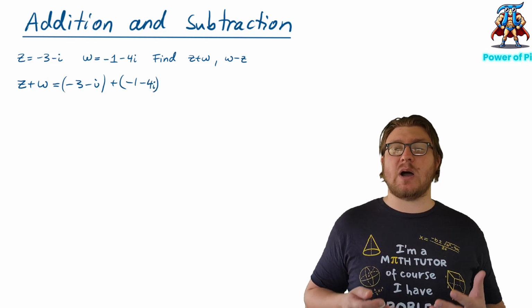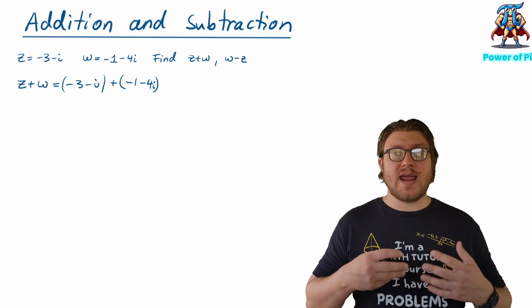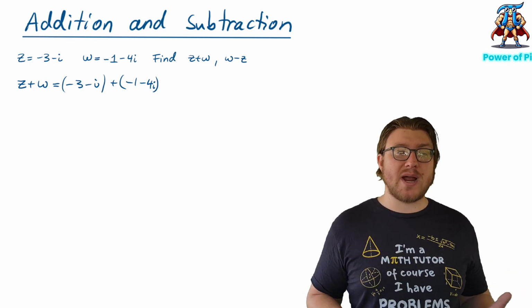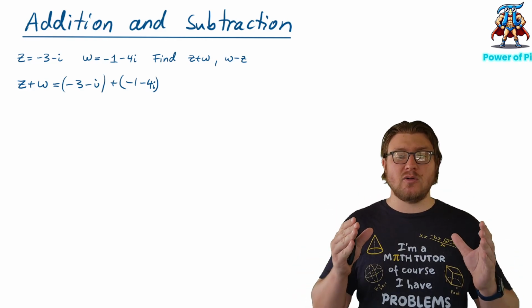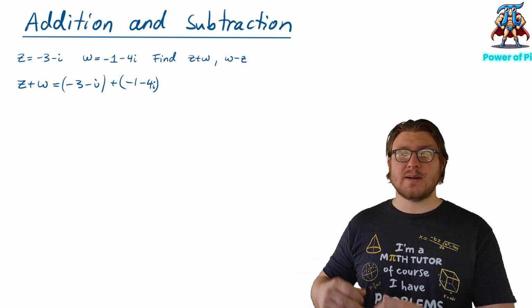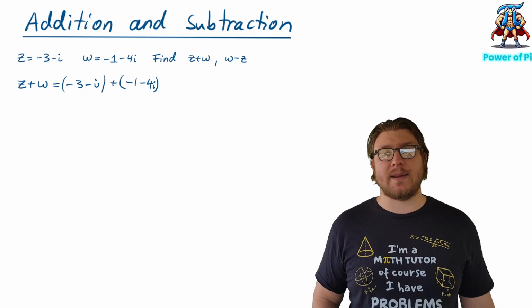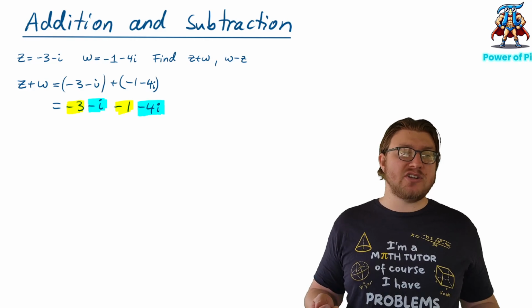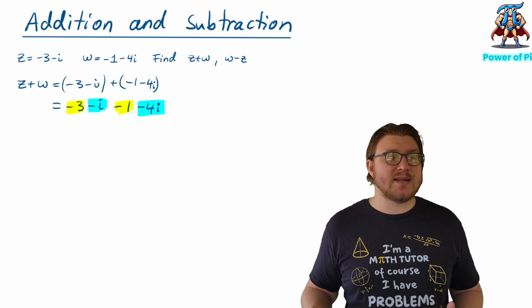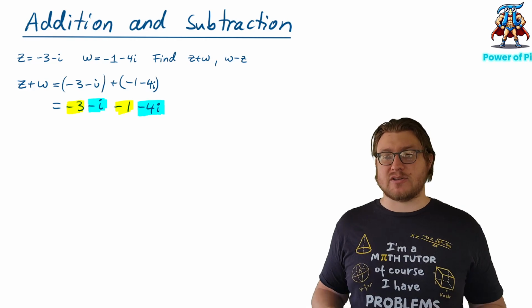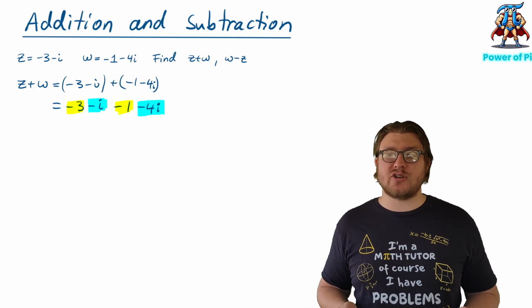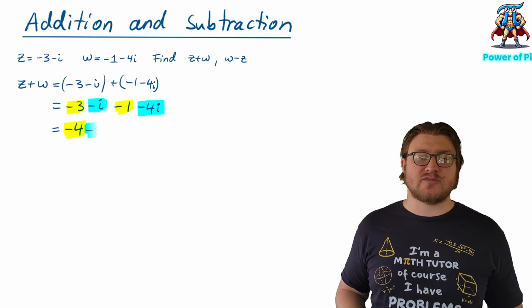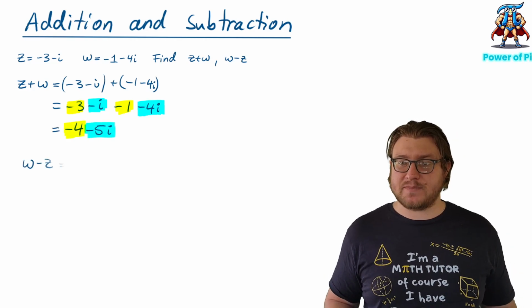That's just writing our two complex numbers out, and make sure you are using brackets because z is the whole minus 3 minus i and w is minus 1 minus 4i. Well, we have a plus, so we can expand the brackets, nothing changes. And we look for the real parts, minus 3 minus 1 is minus 4. And we look for the imaginary parts, minus i minus 4i is minus 5i.